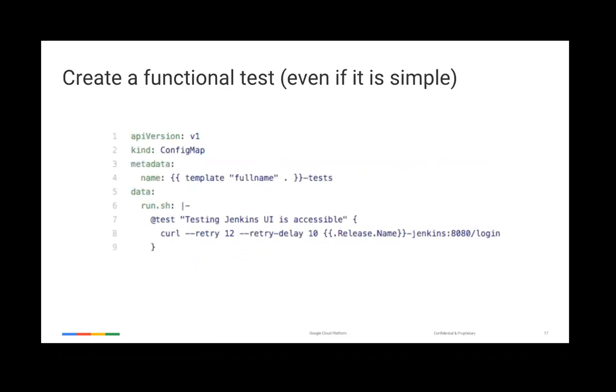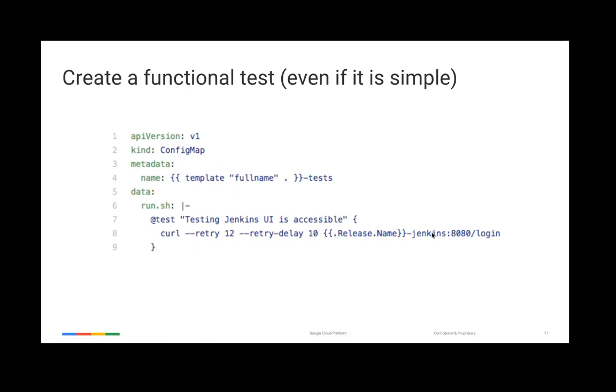One last one that's come up in the last few releases of Helm is to create a functional test. So here in the Jenkins chart, we create a config map that has our script that we want to run as a test. Here we're literally just curling the Jenkins UI, which may not be the most complex test ever, but tells us a lot about whether our deployment has succeeded.